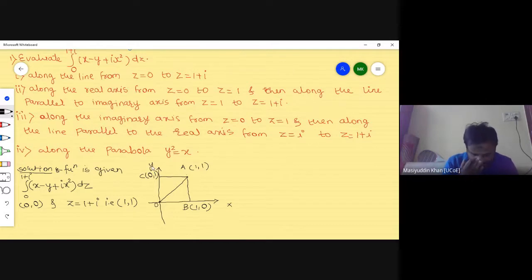So moving ahead with this problem, we have to find the equation of the line OA.